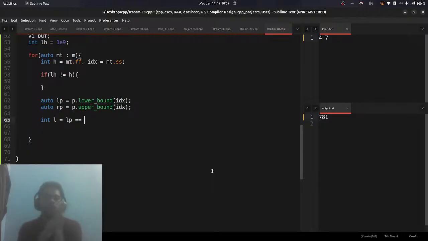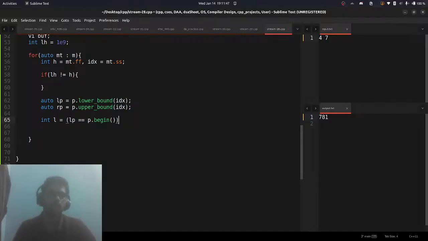Okay, so if I do lower bound and I get, I need to check if it is equal to the beginning. Okay, that means all the values are greater.